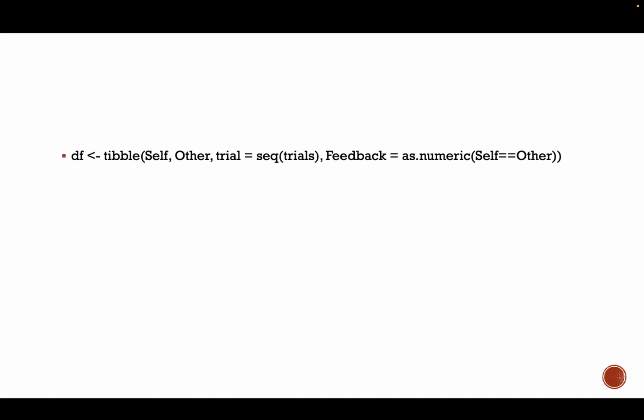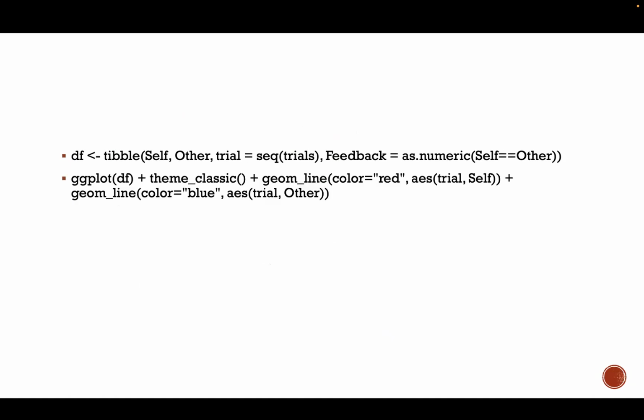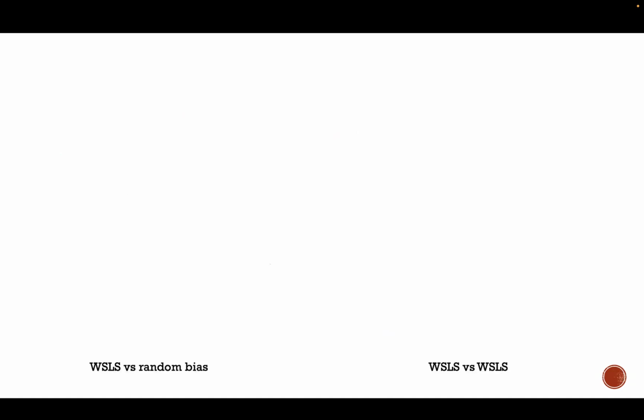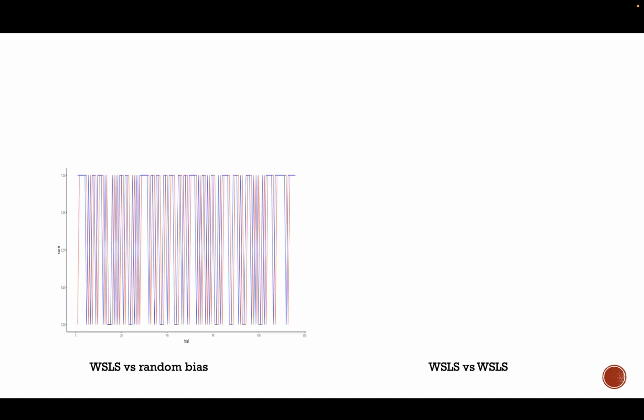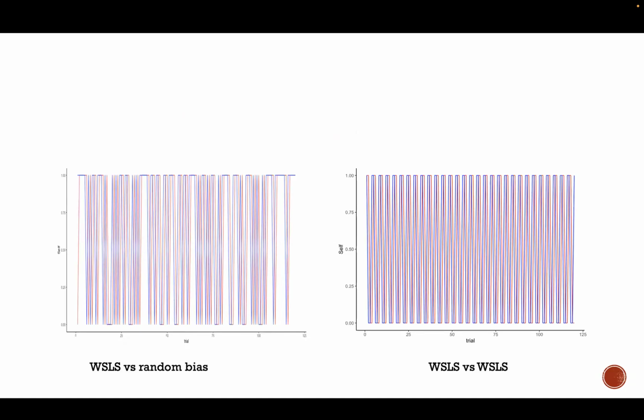We make a table with all that data: self, other, trial, feedback. We do our ggplot, and then I'm putting the previous plot on the left and the new plot on the right. And I guess you can see the difference between the two. Here we had a lot of noise because the random agent was moving up and down at random, and the Win-Stay-Lose-Shift was sort of rushing after it.